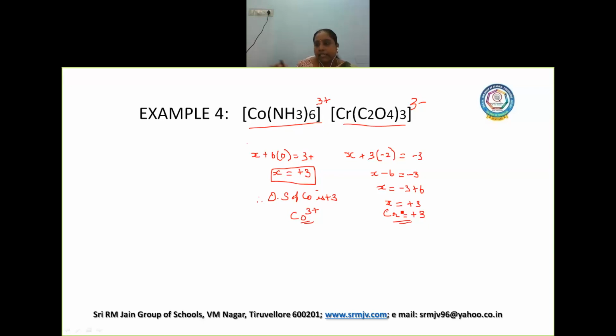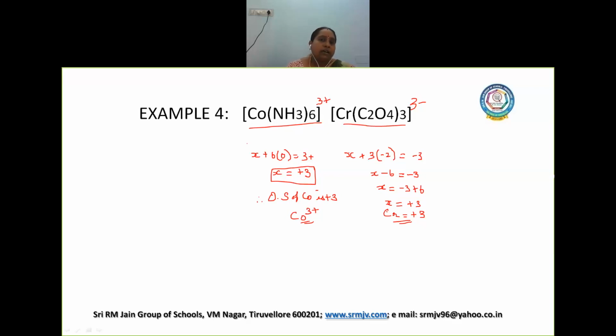Okay, children, I think you are now ready to calculate. If any complex is given to you, you will be calculating the oxidation number very easily, because I have taught you 4 different complexes. Okay, so this oxidation number calculation will be asked in 1 mark, right? In your exams, like competitive exams also, they'll ask you to identify.